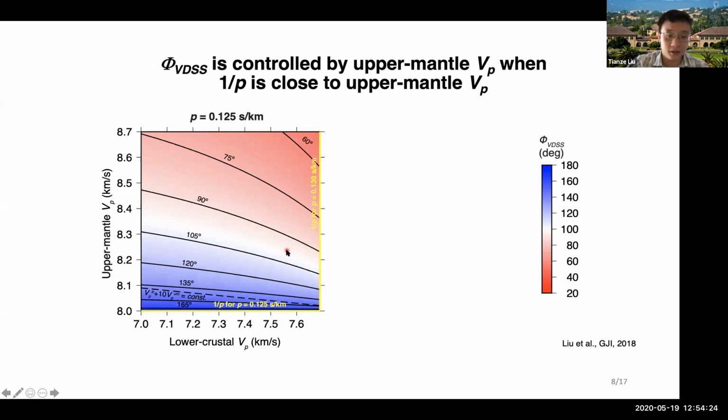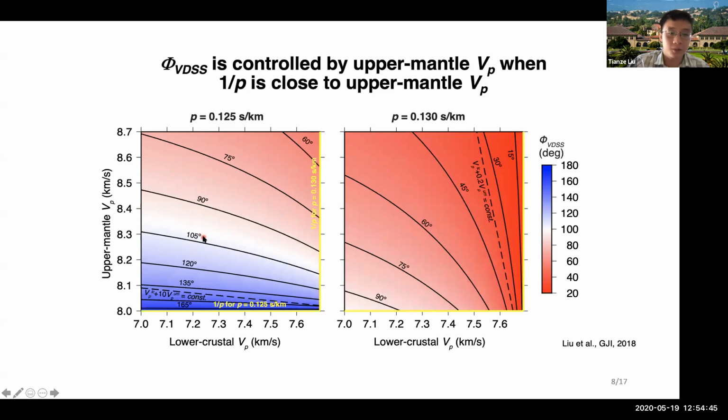subhorizontal contour lines. However, as we further increase upper mantle VP, making it further away from 1 over P, the dependence of phi VDSS on lower crustal VP gradually grows. We also compute this phi VDSS for a higher ray parameter, P equals 0.13 seconds per kilometer.